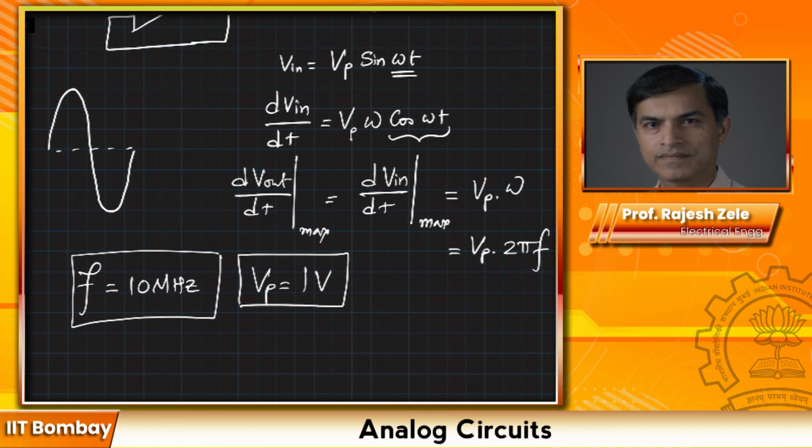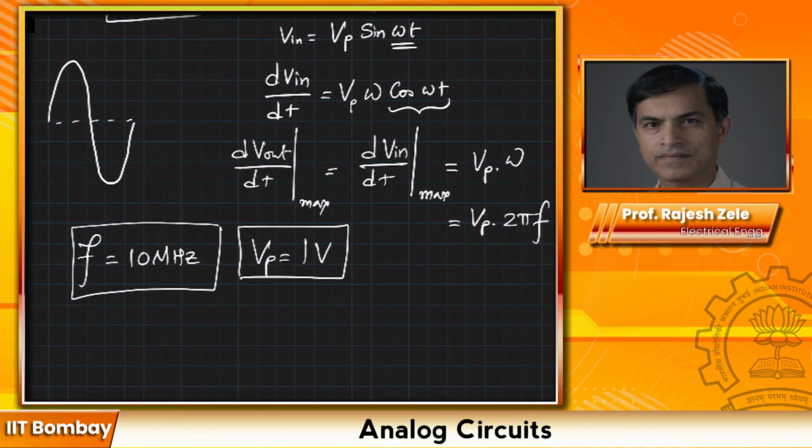In this particular case, our desired dVout/dt is going to be equal to omega Vp, which is equal to 2 pi f times Vpeak.